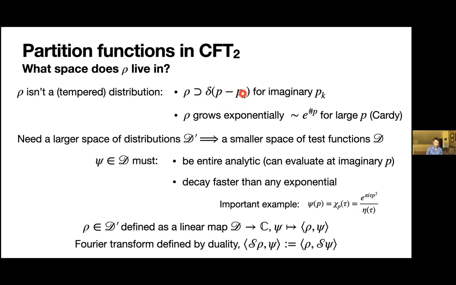And if we want delta functions at imaginary P, that means that we need our test functions to be entire analytic. And that means we can evaluate them at imaginary values of P. And the only important example for us, we need to be able to integrate our density of states against characters. And the characters have the property that they're entire functions of P. So these test functions, you should think of Gaussians.